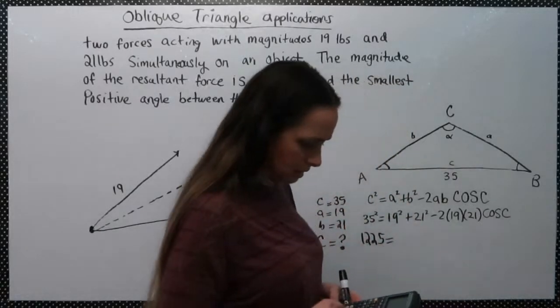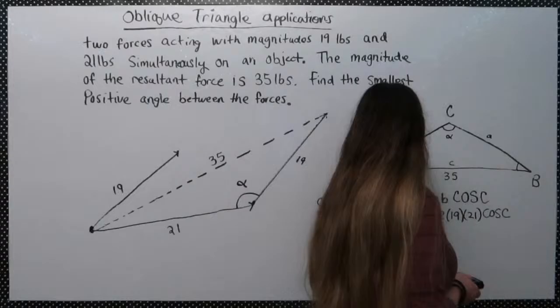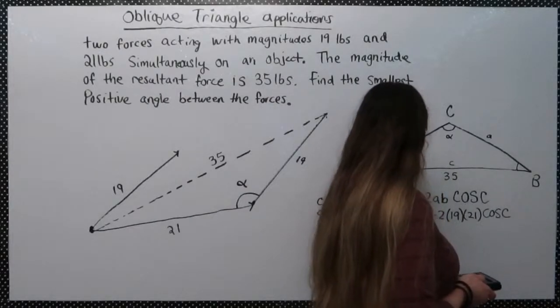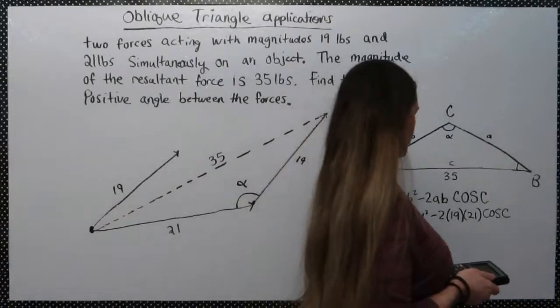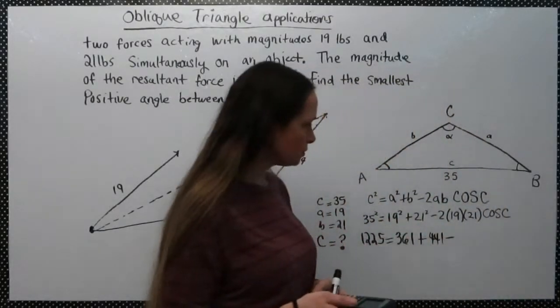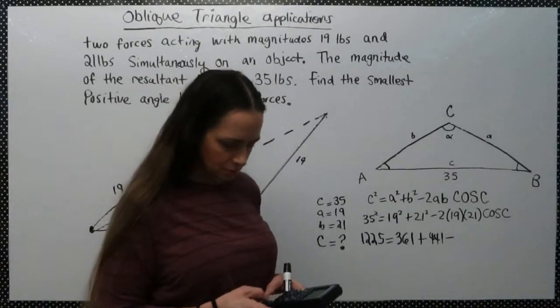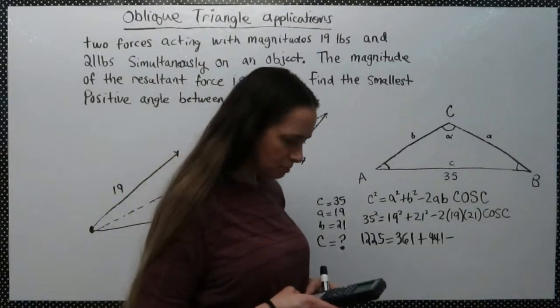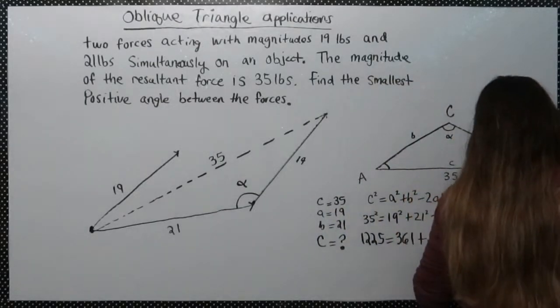We've got 19 squared, that's 361. And then 21 squared is 441. And then that's minus 2 times 19 times 21, and I get 798.